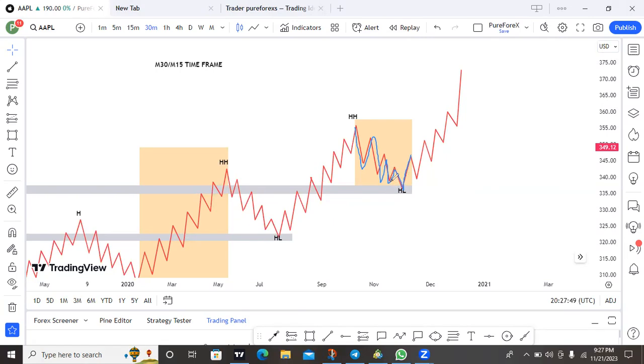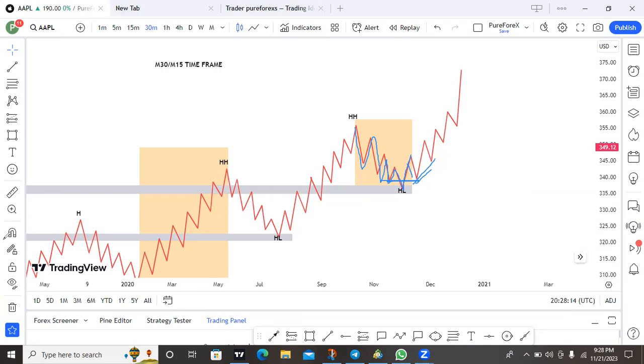Now that the Dow theory has been breached, and we have not talked about Quasimodo. This is one of the setups that comes in, the QM. When you see a QM, it means it's a reversal setup. When the Dow theory breach on M15 tells us that the H4 retracement is over, this is the best time to start buying, and when you buy here, the market keeps going up.